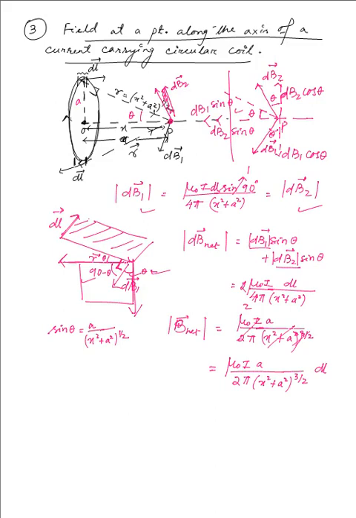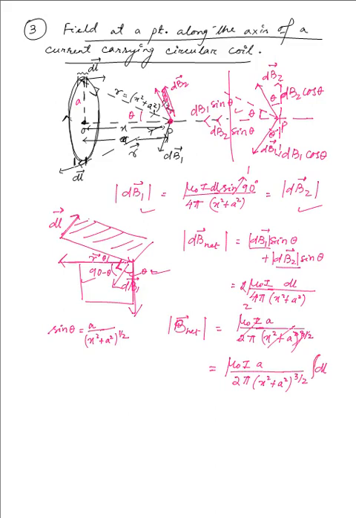In case x would have changed, theta would have changed as well, but we do not want that for integration purposes. So we needed to restrict it to one variable, which can be chosen as far as our convenience goes. So x squared plus a squared to the power 3 by 2 dl is integrated.